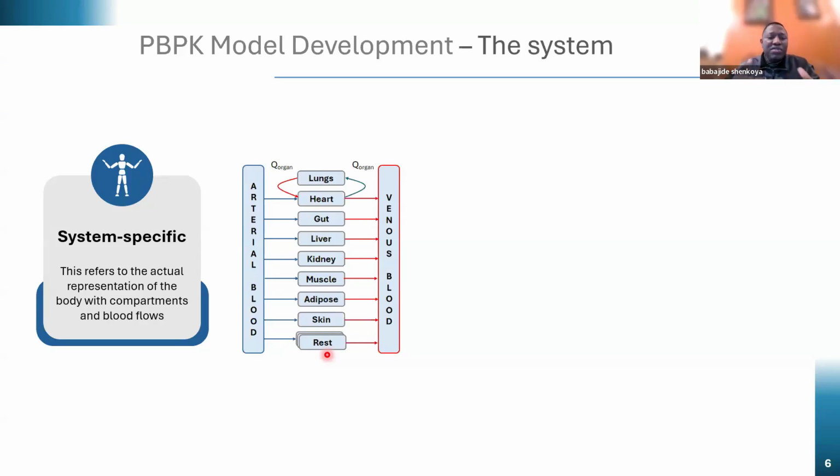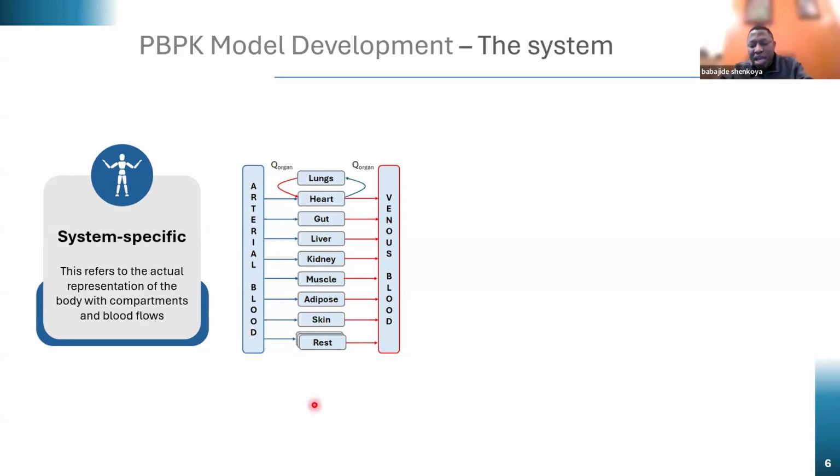So what we then do is, if I know the weight, I can use something like density or specific gravity to convert that weight to volume. Then I can now use it in my model. Okay. So the first thing you want to know is the state of the organ, which is the organ size. Then the second thing you want to know is all these arrows, which represent blood flow. So you want to know the blood flow for each and every organ we have in the body.